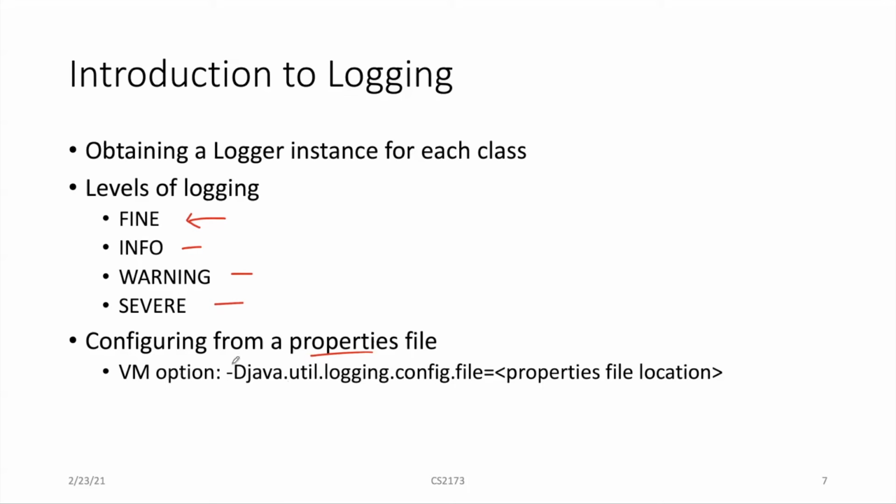This -D says basically add this thing that follows, which is going to be a string equals another string, to the system properties. And then for this particular value, java.util.logging.config.file, that will tell the logger to read this file and configure the logger.